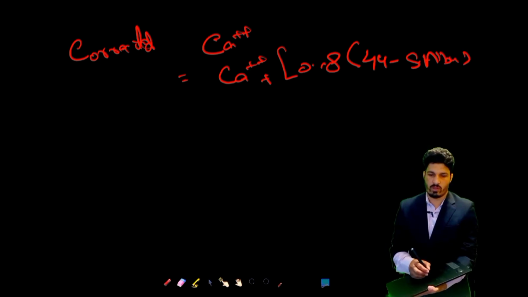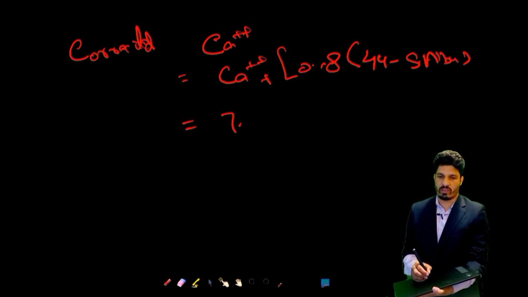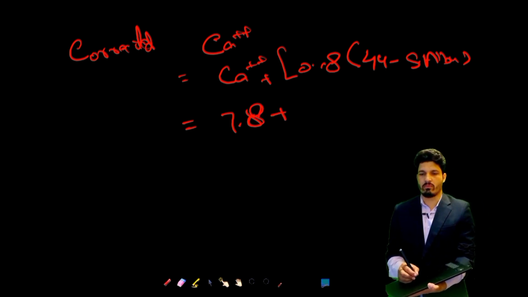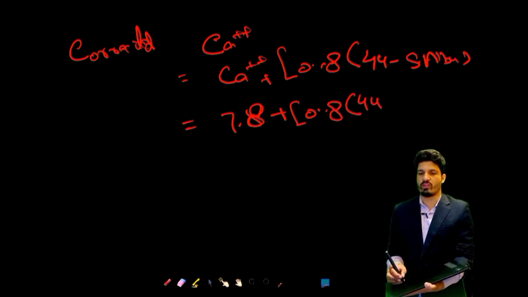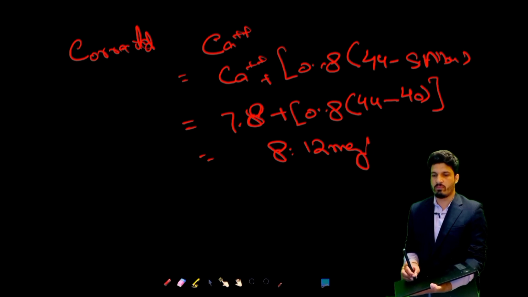Putting in the values, suppose your calcium is 7.8, and you add 0.8 into 44 minus serum albumin, suppose it's 40. Now putting the values, its value comes out to be 8.12 mg per dl.